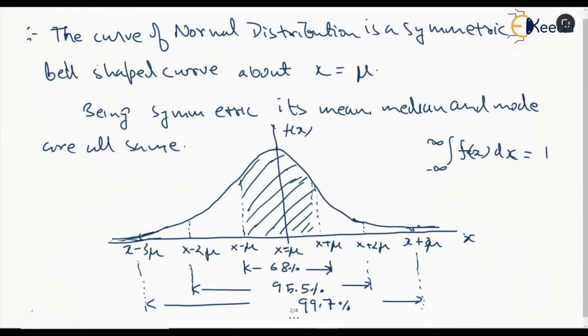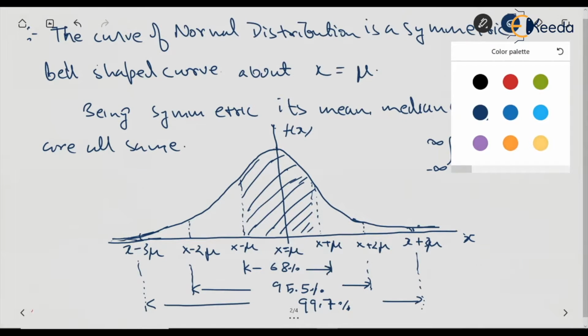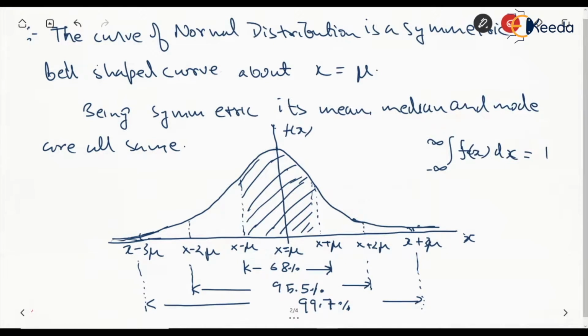And now if this curve area is 1 and this is the mean value, that means on the left side of the curve, it is covering 50%, and on the right side of the curve, it is also covering 50%, right?